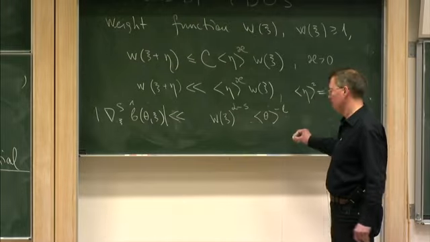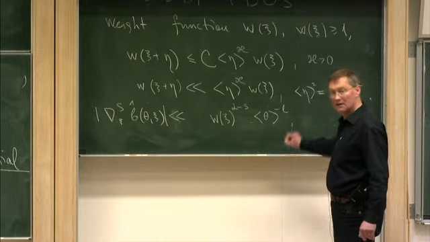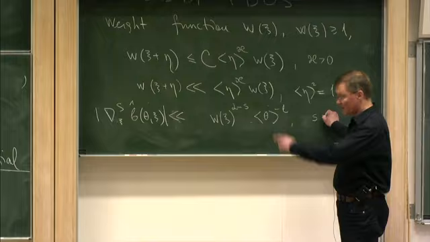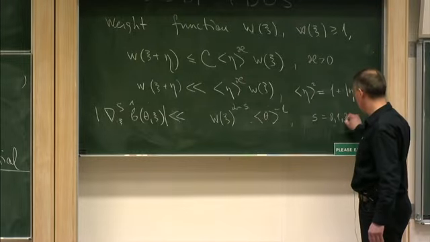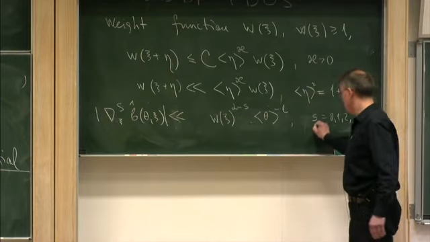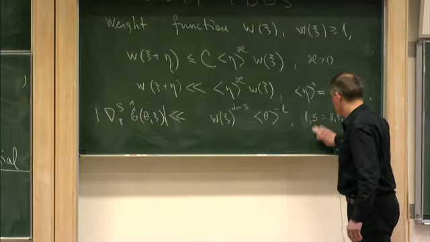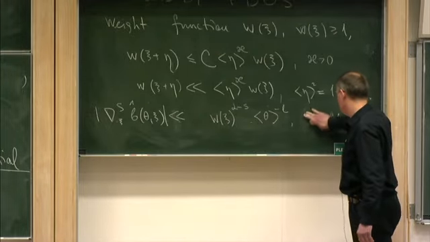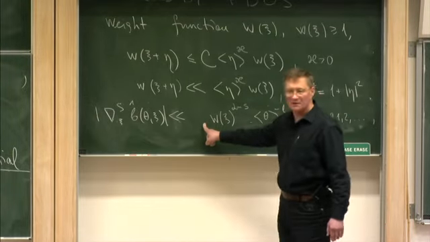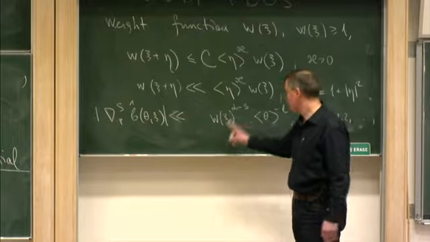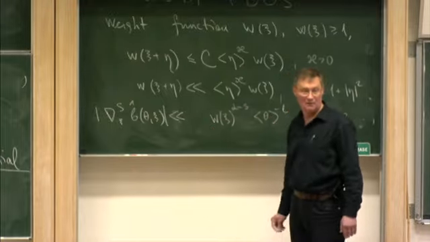Is S a multi-index? No, S is the gradient, so I can take powers. So S is 0, 1, 2, and so on. And L actually as well. Of course, the constant that will be here will depend on S and on L.